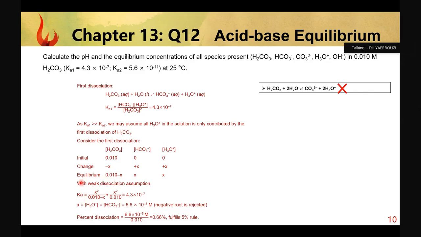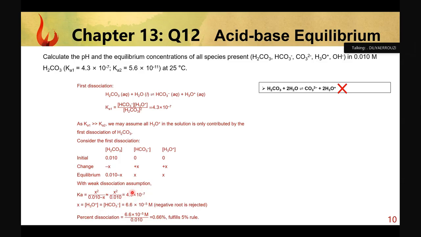And Ka, which is listed here, we can bring all the values into the equation. The base assumption is that x brings basically no effect to the concentration of H2CO3, so we can simplify the 0.01 minus x into just 0.01.